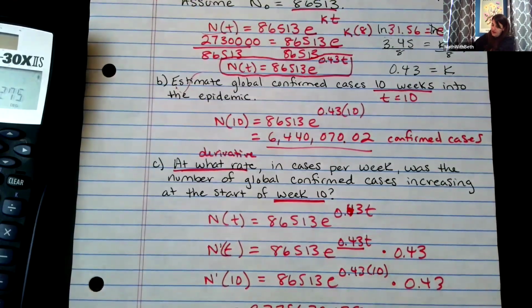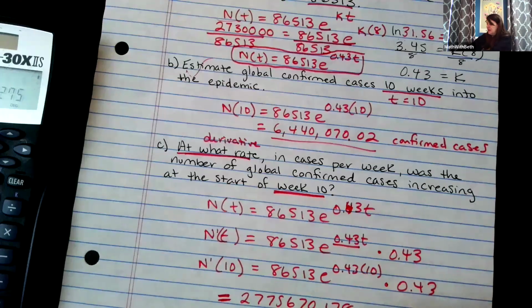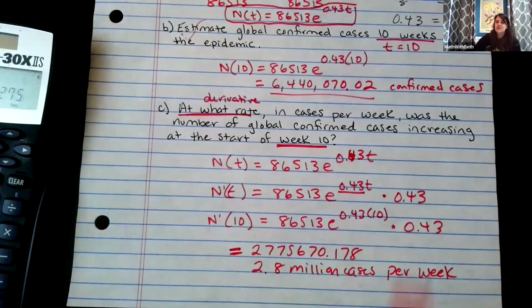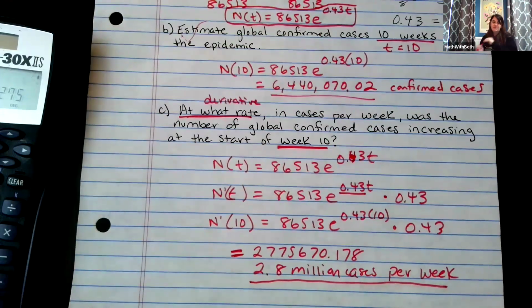So I'm going to round that now to about 2.8 million cases per week. So your final answer, if they're asking something about rate, should be some kind of number per something. So in this case, we're talking about cases per week. How much is it increasing by? This many per week, which is crazy, which is why it was such a big deal, because that's how many more cases we were getting each week at that time.